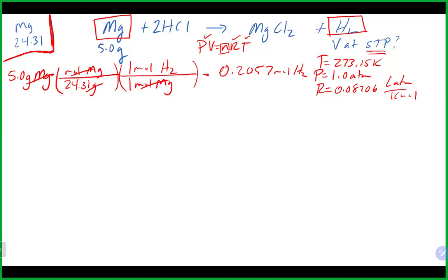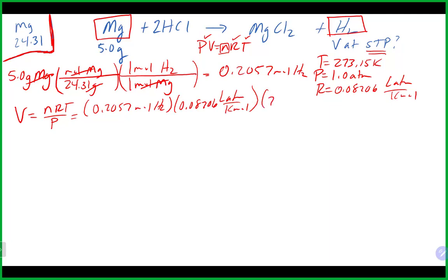At this point, I now really do have everything I could use to go into the ideal gas law. Here again, we will be solving for volume, which is nRT divided by P. Our n being our 0.2057 moles of hydrogen, 0.08206, our R constant here, and our 273.15 Kelvin, which is our STP, and our 1 atmosphere on the bottom.